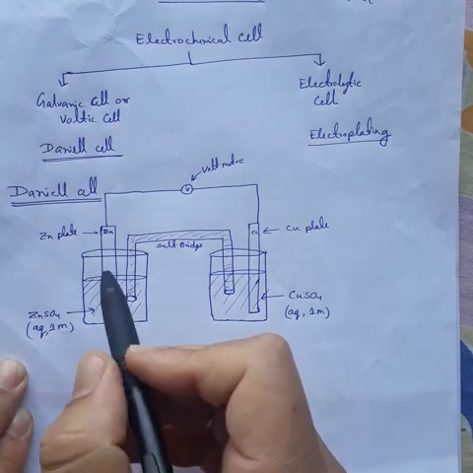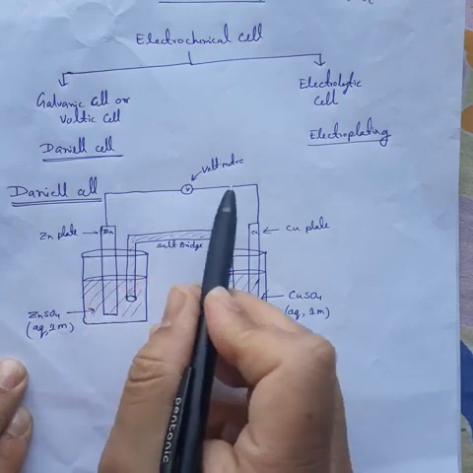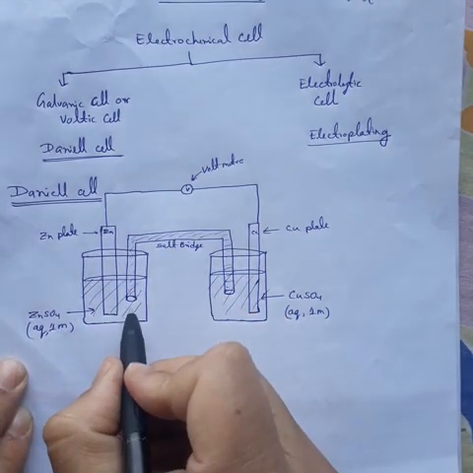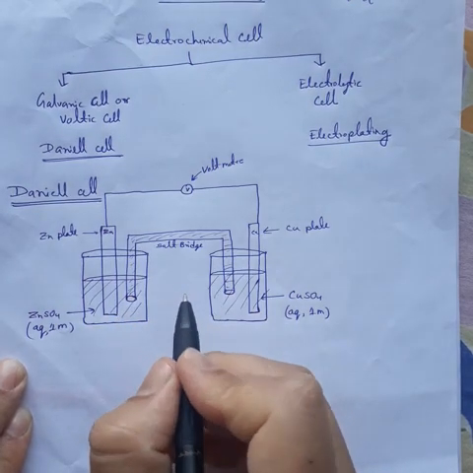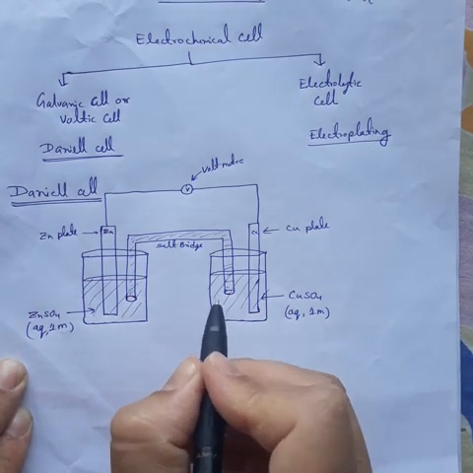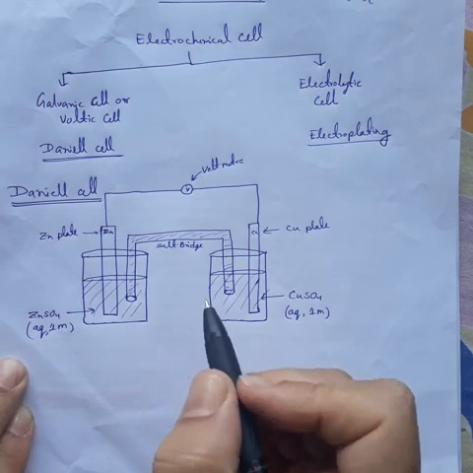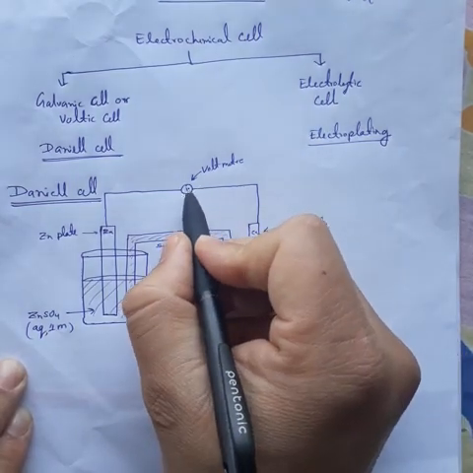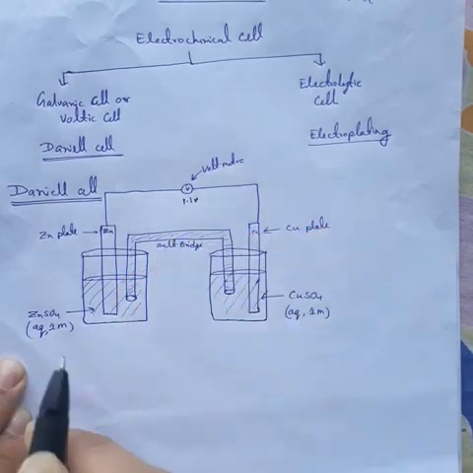This plate is connected to the other plate via an external wire. We have a voltmeter, and there is a salt bridge made from a saturated solution of KCl in agar-agar. I'll tell you later on how it is made. As soon as you complete this cell, the reading in the voltmeter comes to exactly 1.1 volt in this case.